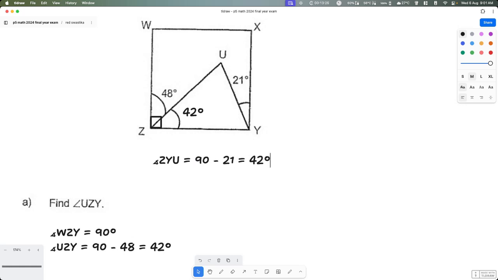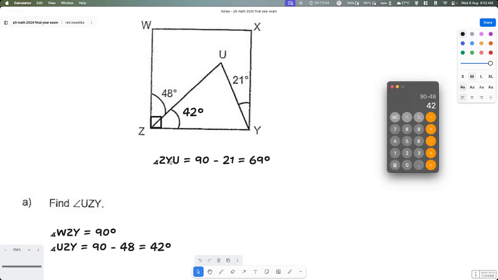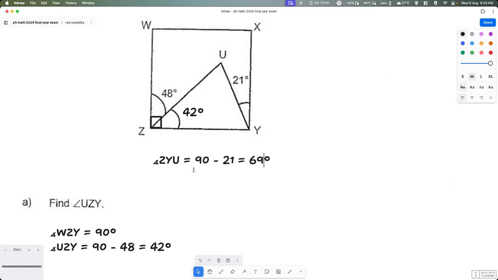In this case, this will give us 69, right? Yeah, so let's double check. 90 minus 21, 69. So we know that here is, in this case, 69 degrees. That's what I see over here.